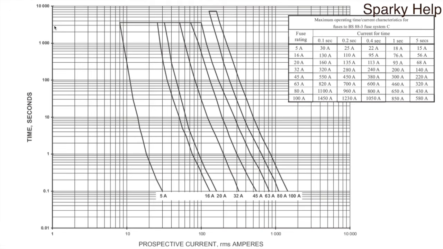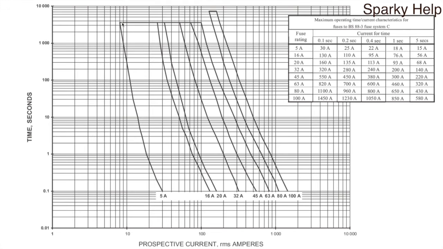Now 3,600, because it's not a linear graph, it's not equal spacing, halfway is not half. Halfway between two lines is about 0.45. So actually 3,600 is nearer the next line than it is the middle. So 1,000, 2,000, 3,000, 3,600 is roughly around there.